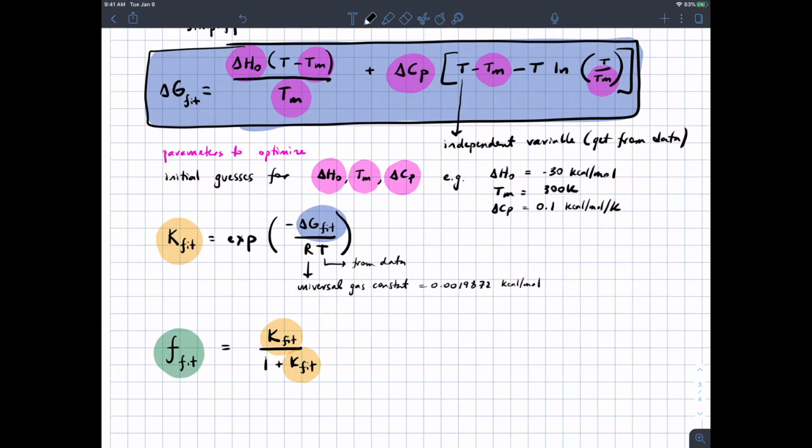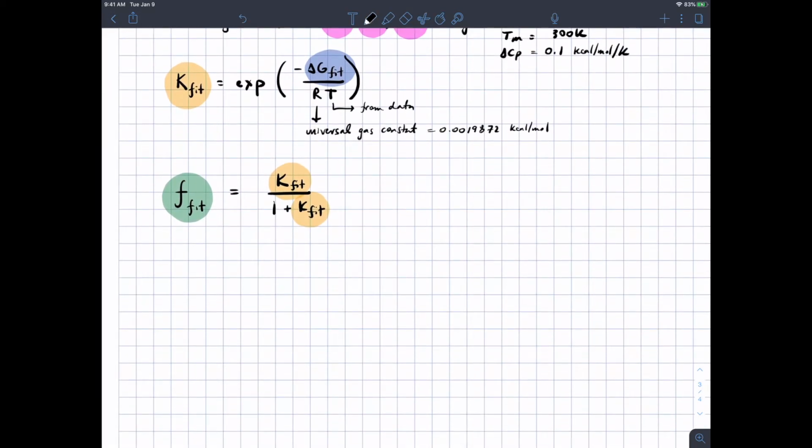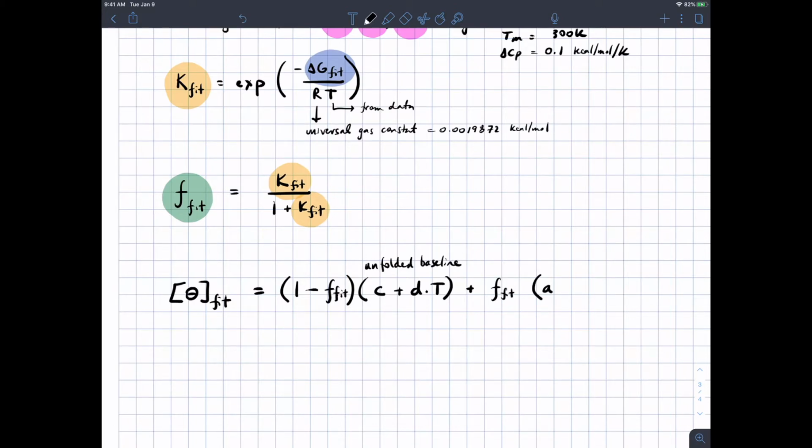And then, using that fraction folded and the equations we talked about last time, we can calculate a fitted molar ellipticity, which is going to be equal to 1 minus fraction folded from our fit times C plus D times T. And remember, this is our unfolded baseline that we talked about last time, plus fraction folded from the fit times A plus B times T, where this is our folded baseline.